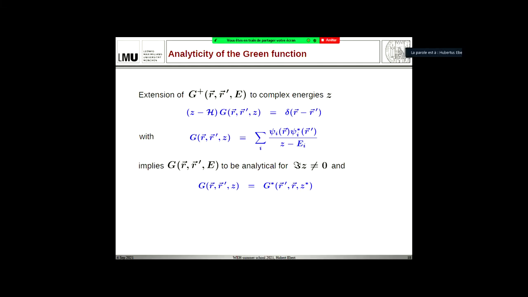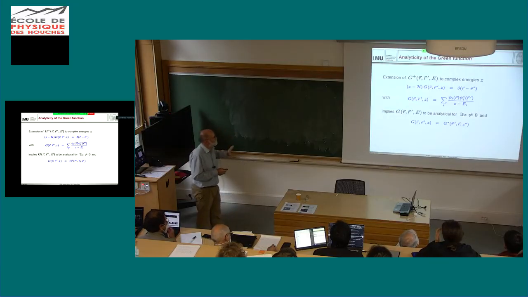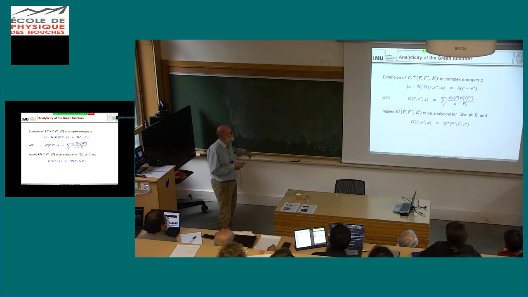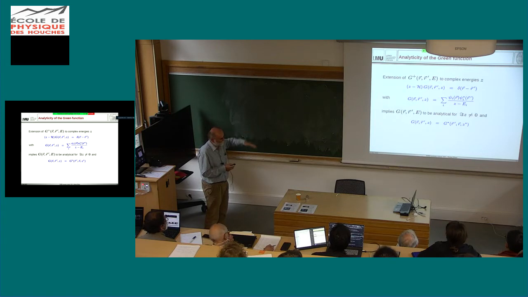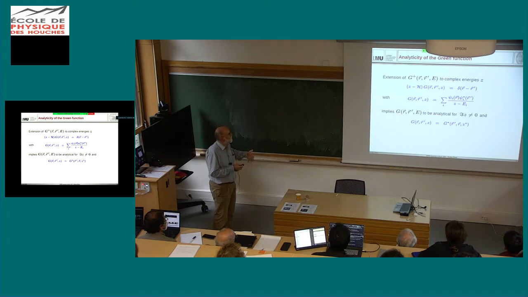Now, the other important property of the Green's function was briefly touched. So we were introducing the Green's function by a limit, epsilon going to 0, coming from above in the complex plane down to the real axis. But we can generalize the expression to use any complex energy in the energy plane.